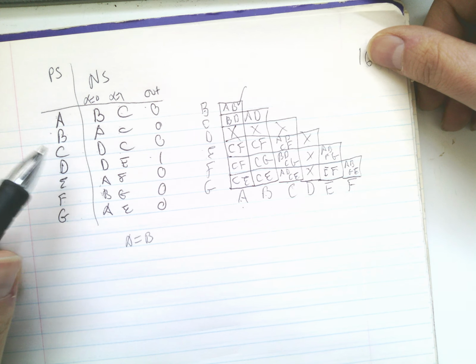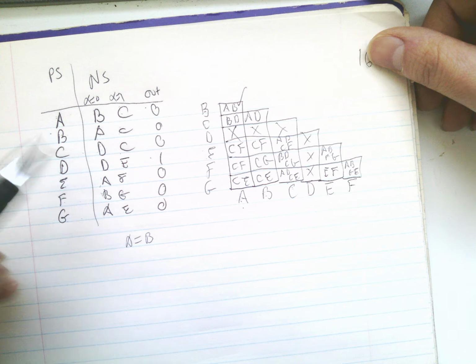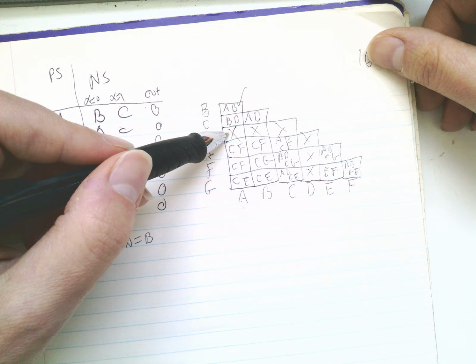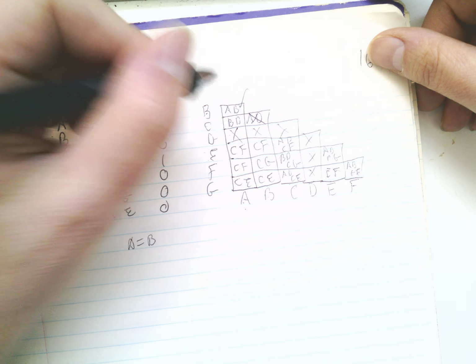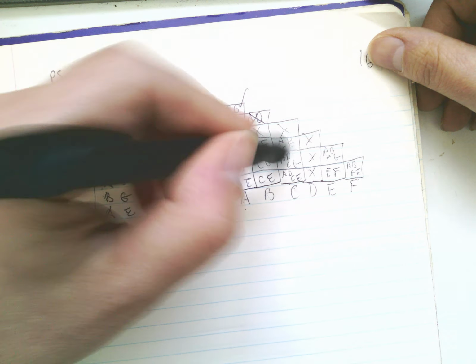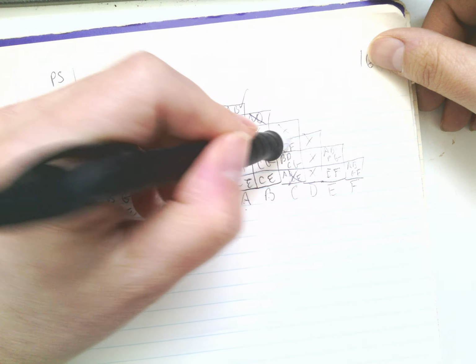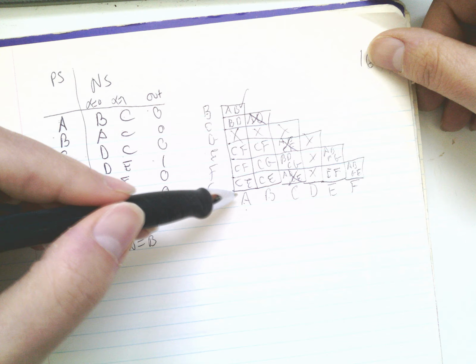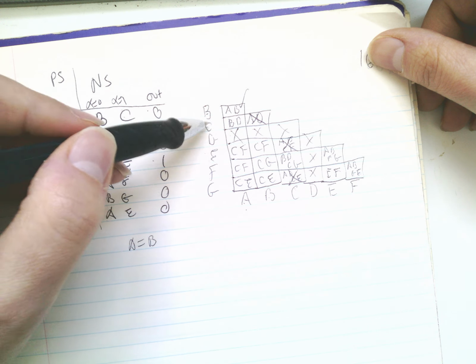And so now we've got some interesting things going on here. We know that AD is not equal because there's an X in here. That means this is not equal. This is not equal. This is not equal. That's very interesting.